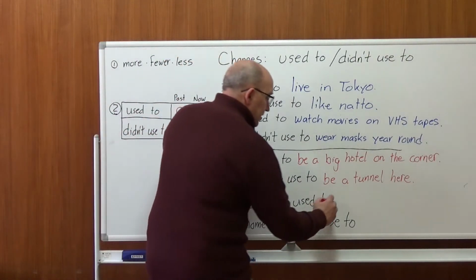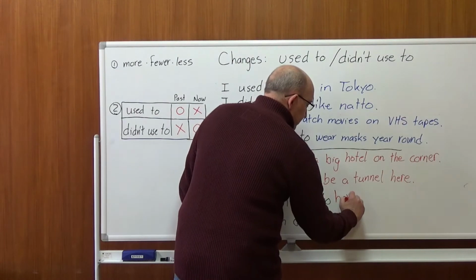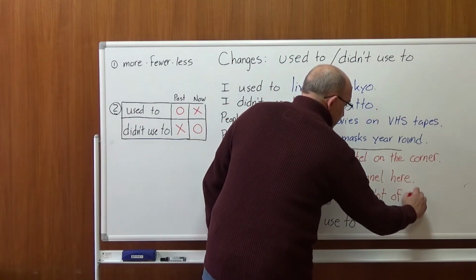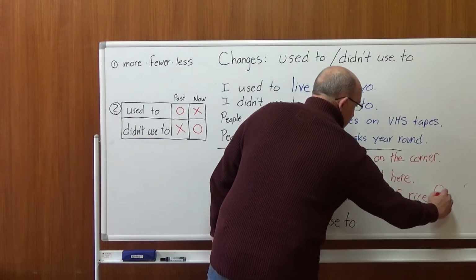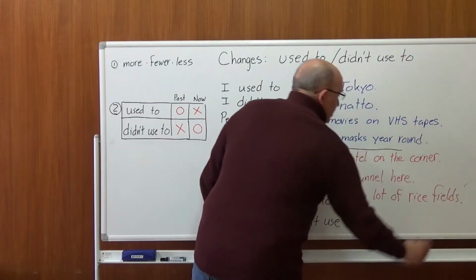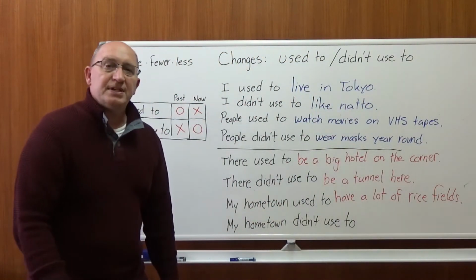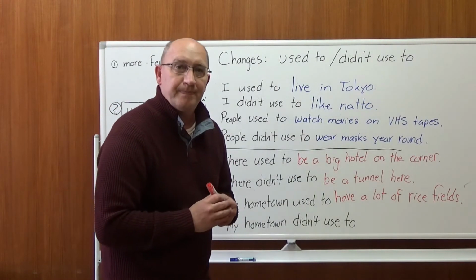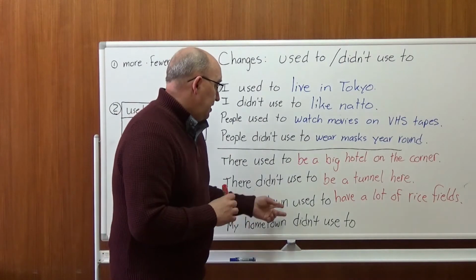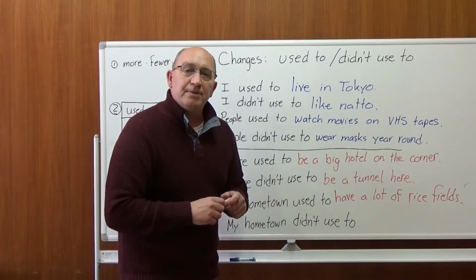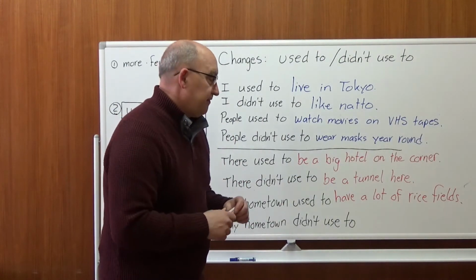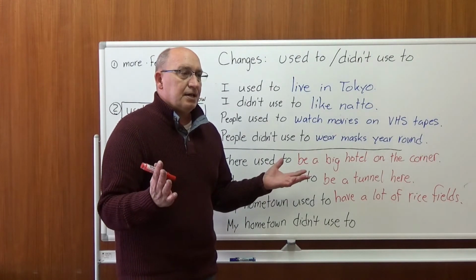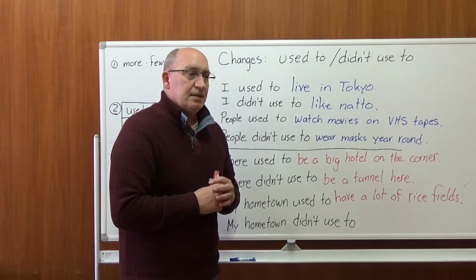Or, for example, changing the subject, my hometown used to have a lot of rice fields. I can remember in my experience, first coming to Fujiyoshida, on the Fujimi bypass, there was nothing.